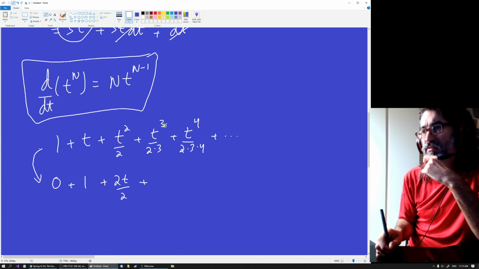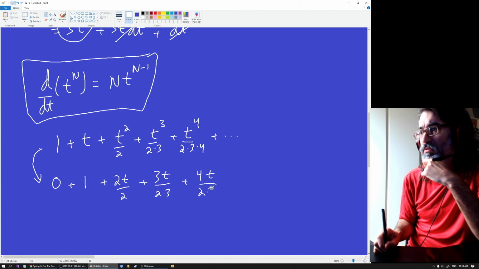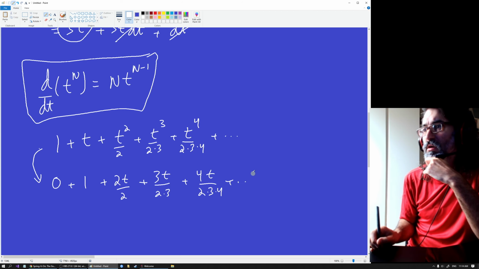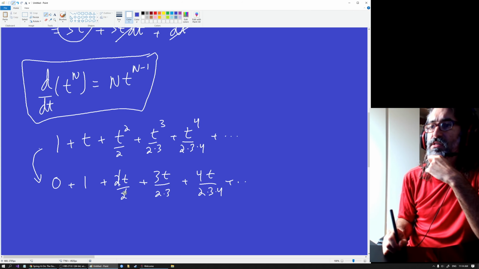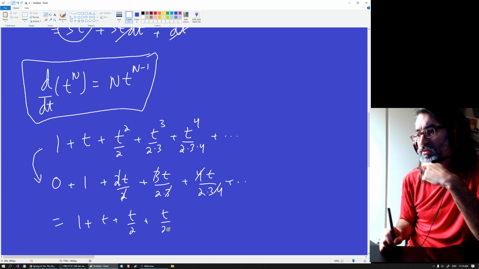And then the derivative of this, 3 in front, 3t^2 over 2 times 3. 4 in front here, 4t^3 over 2, 3, 4. And that kills the 2, kills the 3, kills the 4. And we end up with 1 plus t plus t^2 over 2 plus t^3 over 2 times 3.